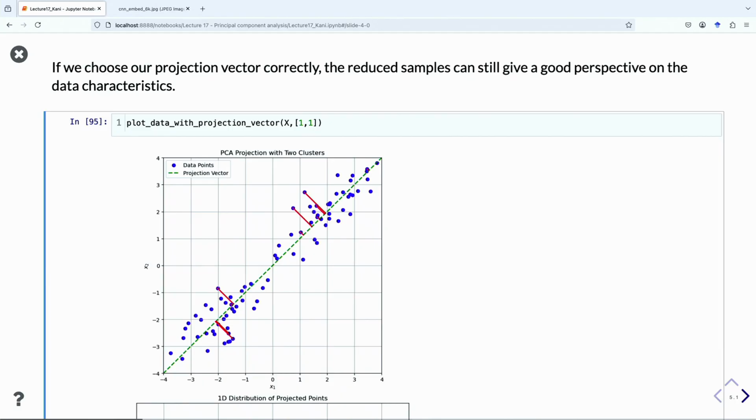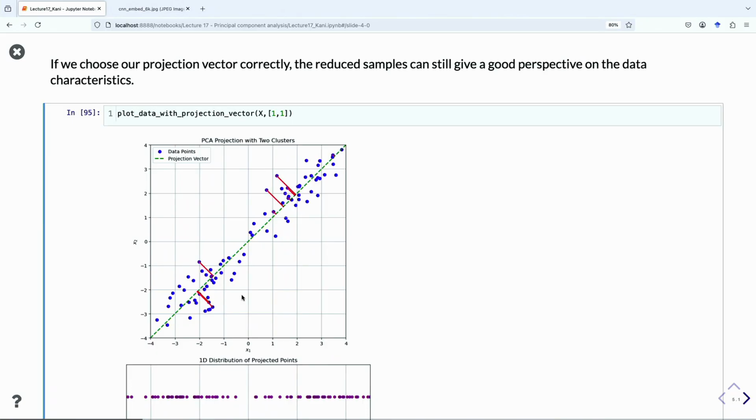The most important thing about this data is that there are 2 clusters here. So let's say we choose a line like so that runs through the data. The line is (1, 1). For every data point, we just project it onto this line. If we do that for all the points here, we are left with something like this.